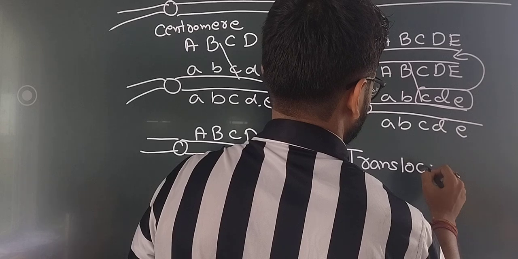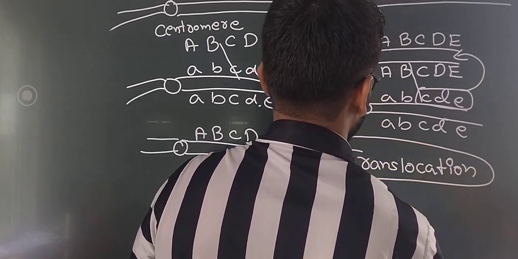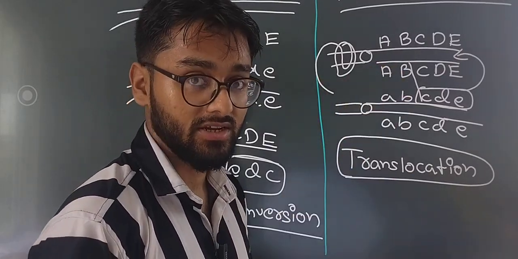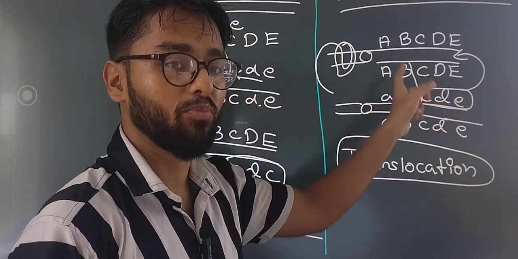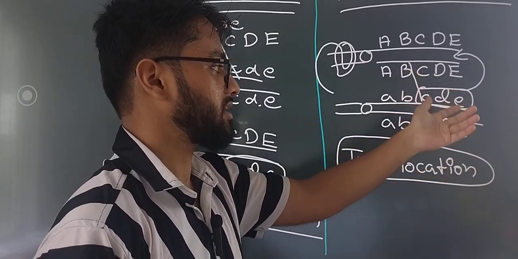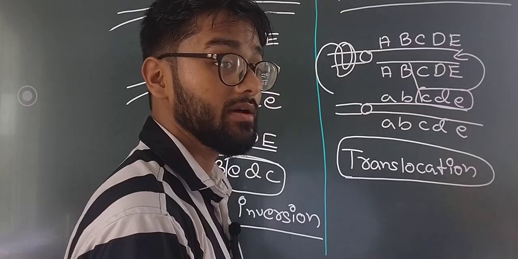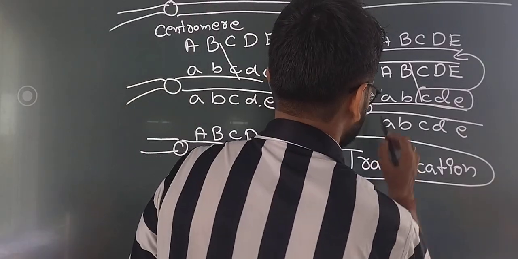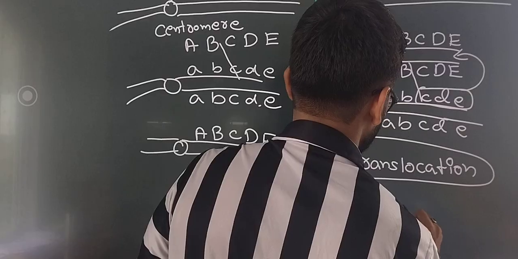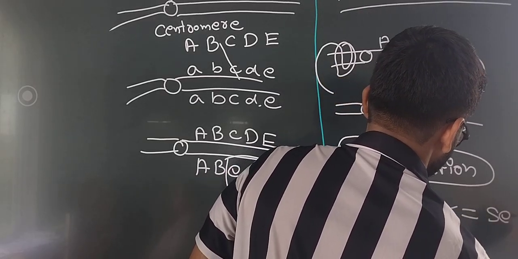That means the same segment is now bound to a different location, not the intended point of your chiasmata. This does happen, and this also leads to some sort of chromosomal change. Why? Because the order of your genes, or the sequence of your genes, is called gene order.